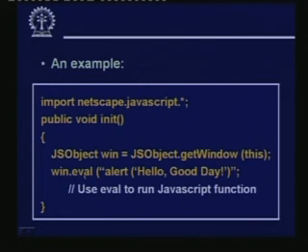So, when this is executed, the alert statement of JavaScript is executed, and we get an alert box displayed on the screen. This is just a simple example to show you how we can call some simple JavaScript utilities from Java.